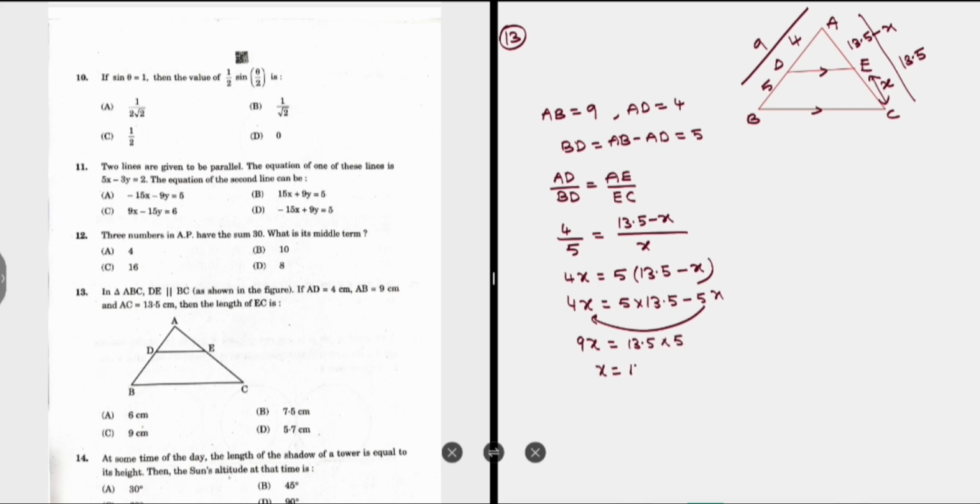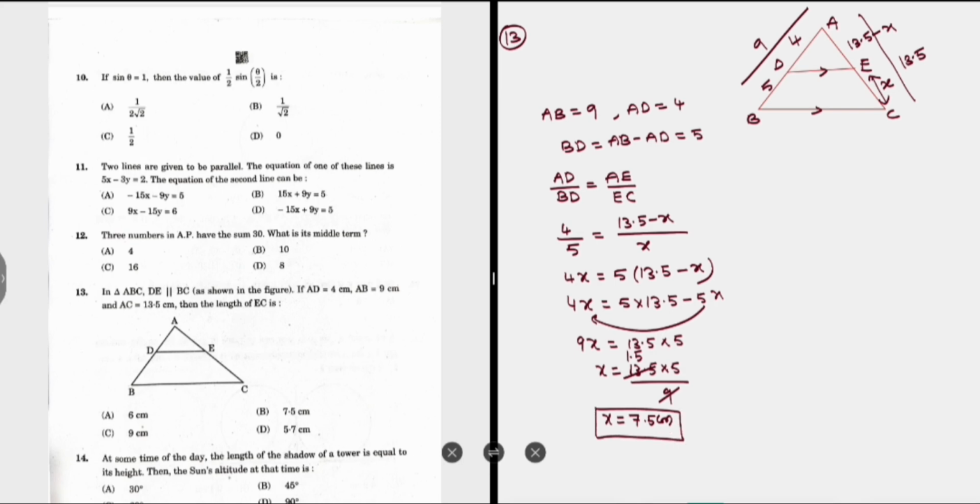X is equal to 13.5 into 5 by 9. Now we can cancel it. 9 ones are 9, 9 fives are 45. So 1.5 into 5 gives X is equal to 7.5. So X is equal to 7.5 centimeters.